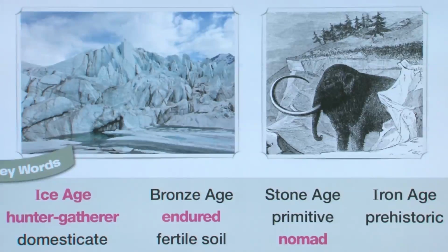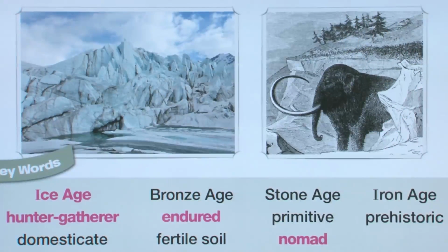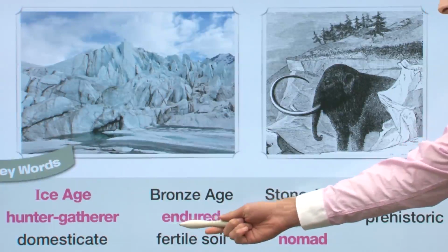Most people were hunter-gatherers. A hunter-gatherer is simply a person that hunts for food and gathers for food as well. So they might hunt a woolly mammoth, like we see here, and they might gather fruits, berries, or other plants that they can eat. Humans had to endure long through the Ice Age.